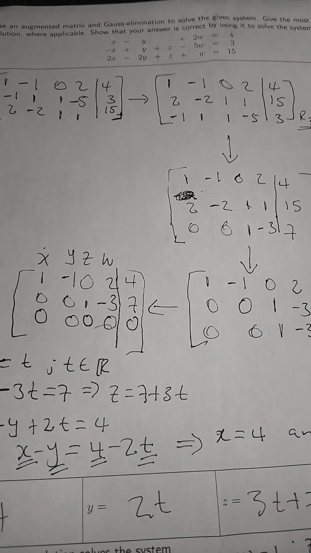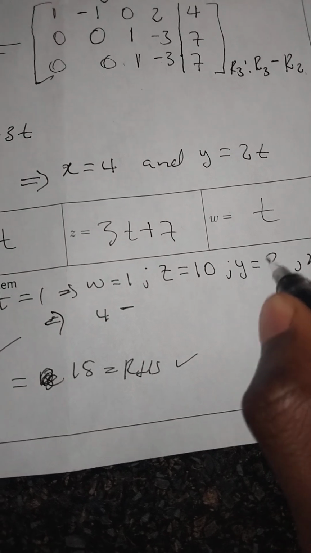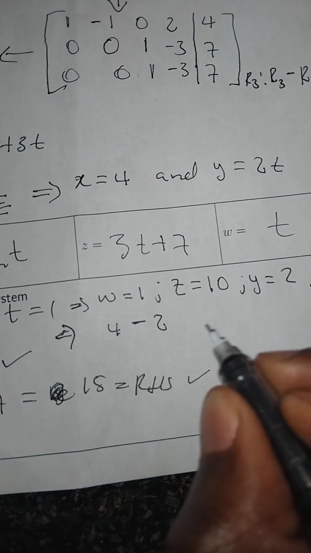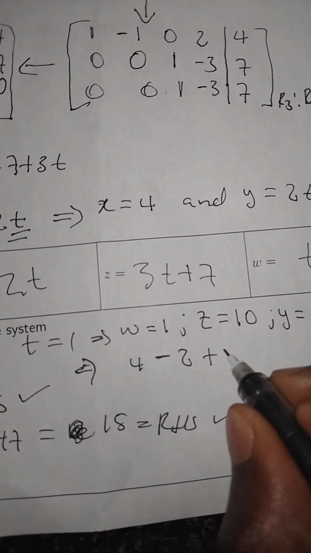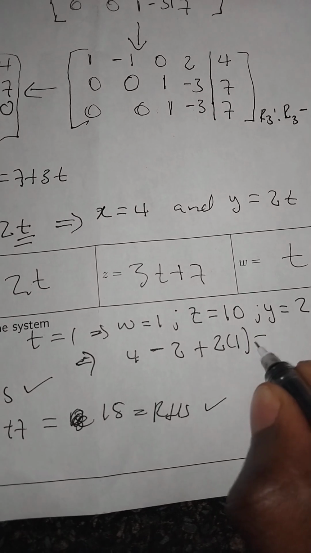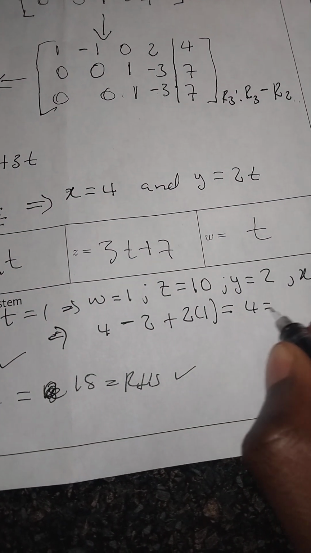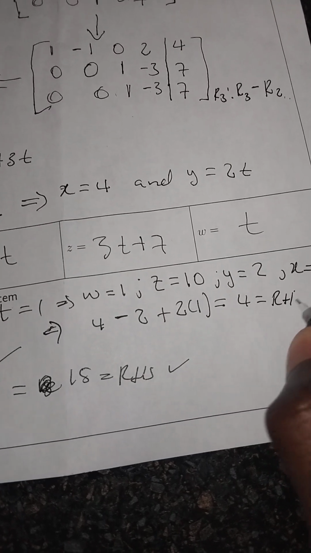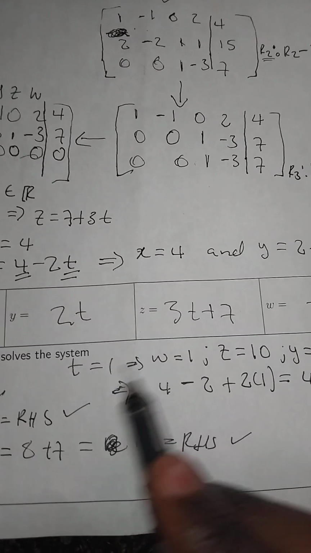So our x is 4, minus y is 2, so it's 4 minus 2 and plus 2 into 1, so w is 1. This 2 will cancel the other out, and it is equal to 4, which is the same as the right hand side. So equation 1 is still satisfied even though we changed our value of t.